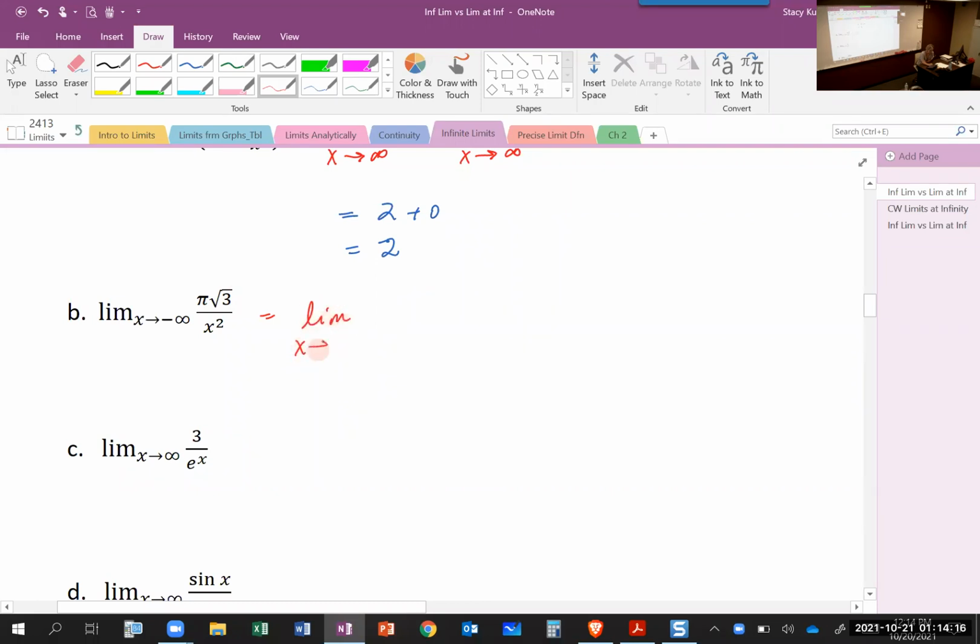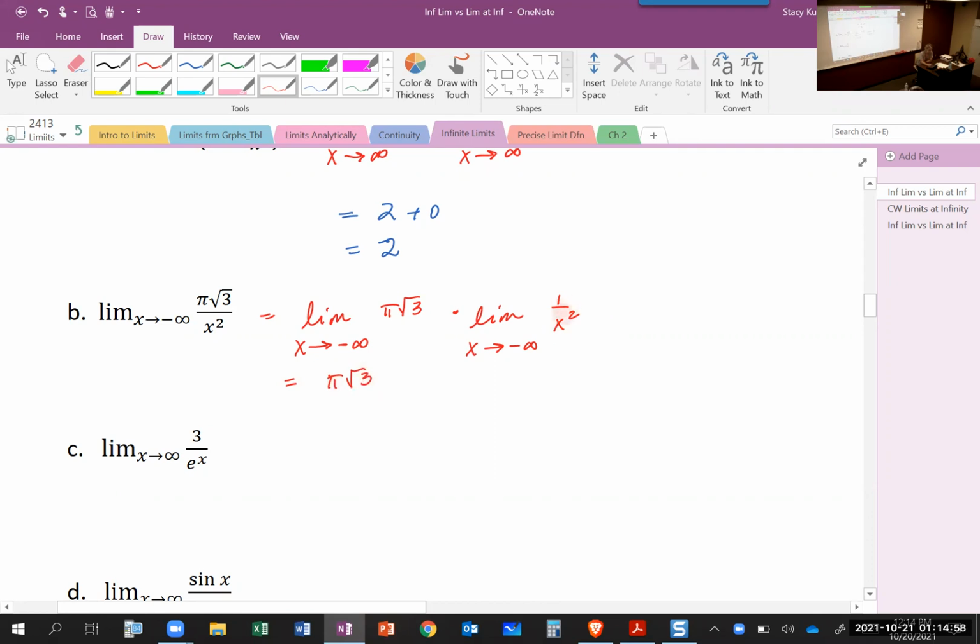The limit as x approaches negative infinity of pi square root of 3, times the limit as x approaches negative infinity of 1 over x squared. If I wanted to look at this in separate pieces, the numerator is just a constant, so the limit of pi times the square root of 3 is just pi square root of 3.